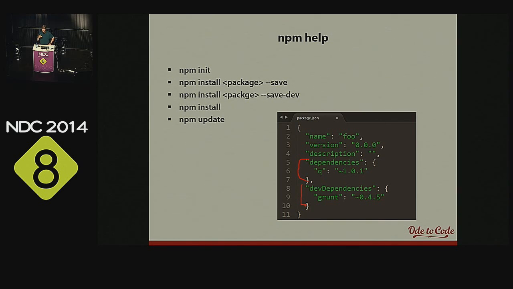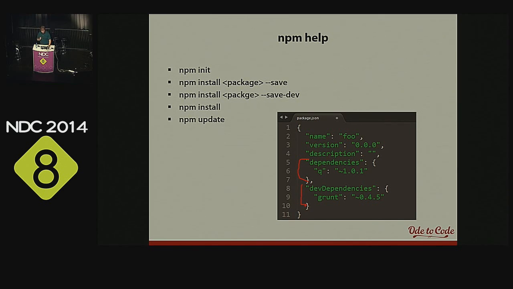So NPM does allow you to make a distinction between things that have to be there for it to run in production, like the Q library. I need that because the program actually uses that. And then development dependencies, which are the things that other developers will need on their workstation in order to be able to do a build.